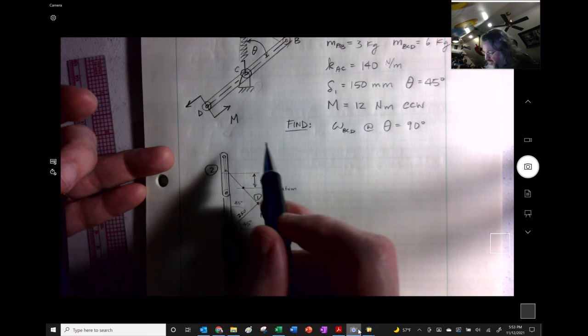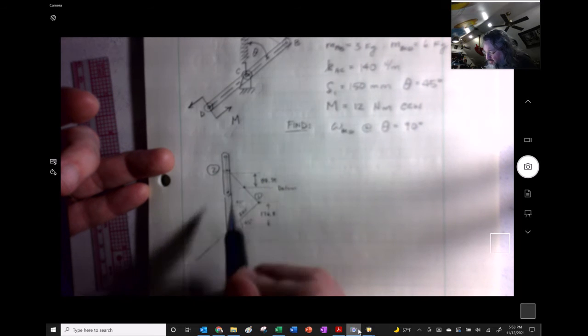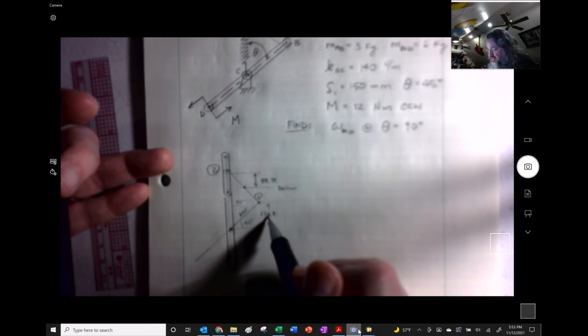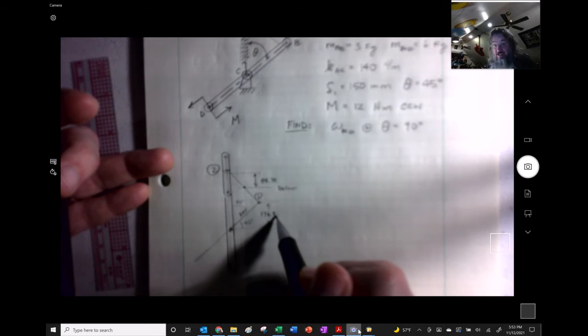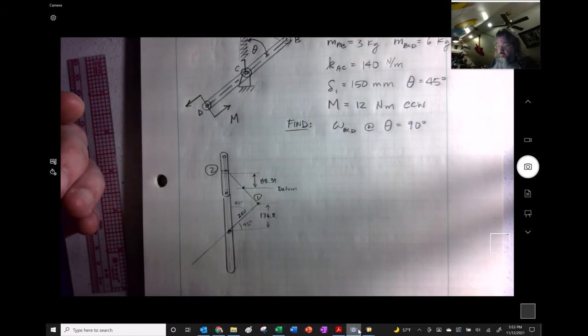Other things I might want to know: the length originally between here and here is going to be 176.8 times 2.